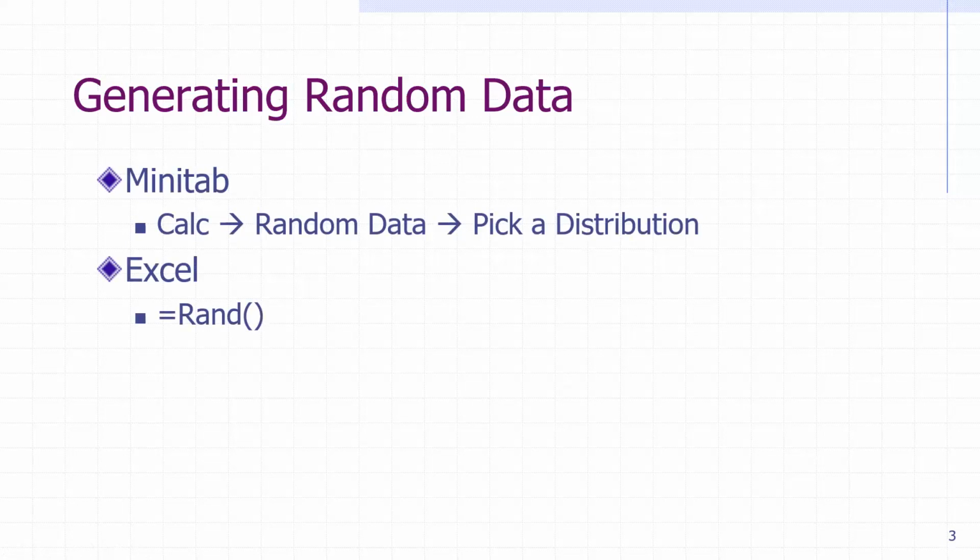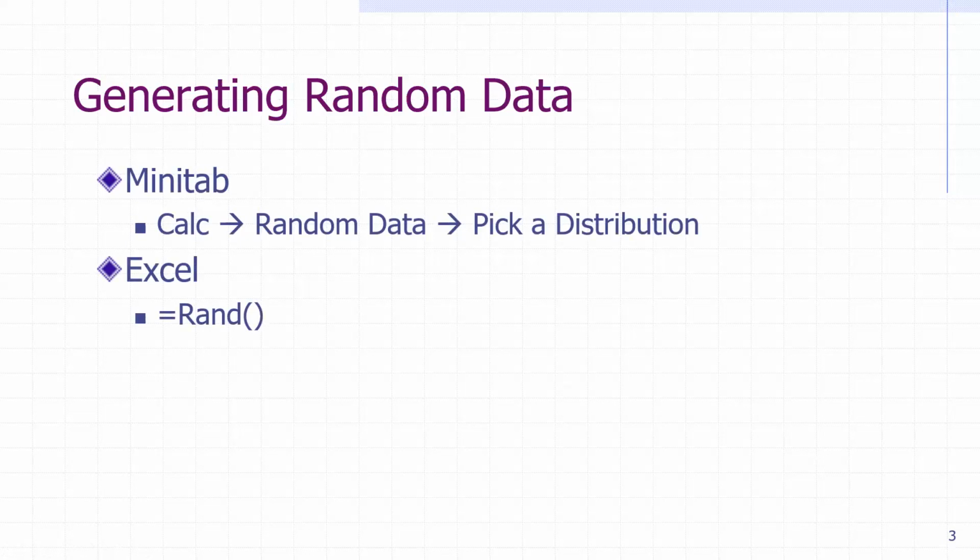But when we get data from Excel, it will be just a random number between 0 and 1, which we will consider to be the probability, because as we all know, the probability is always between 0 and 1. Then we will use Excel formulas to invert that probability number into the sampled failure time.